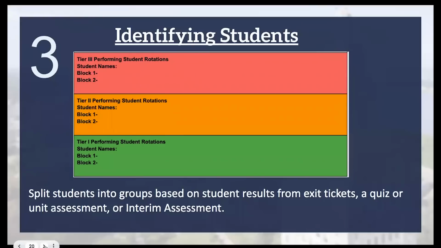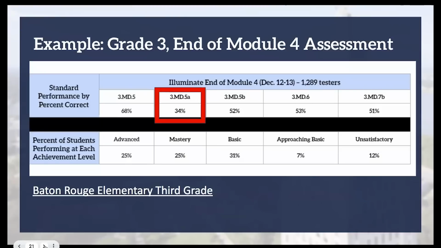So that takes us to our next step, which is to identify the students. I've decided what types of interventions I'm going to use, knowing that I'm probably going to use a combination of all three. But when I get ready to plan those activities, I have to identify who needs what. So let's go back to that end of module assessment we had for grade 3, module 4.